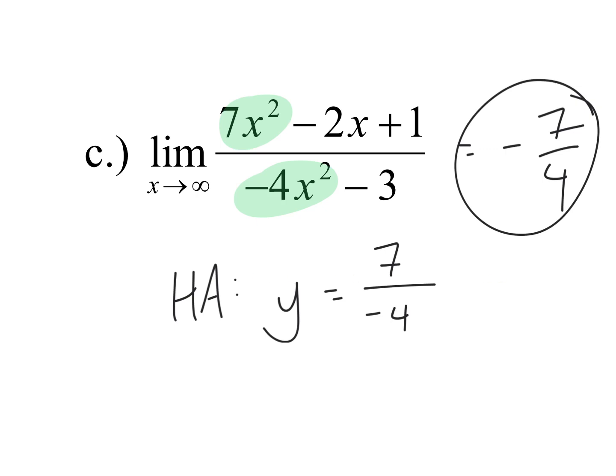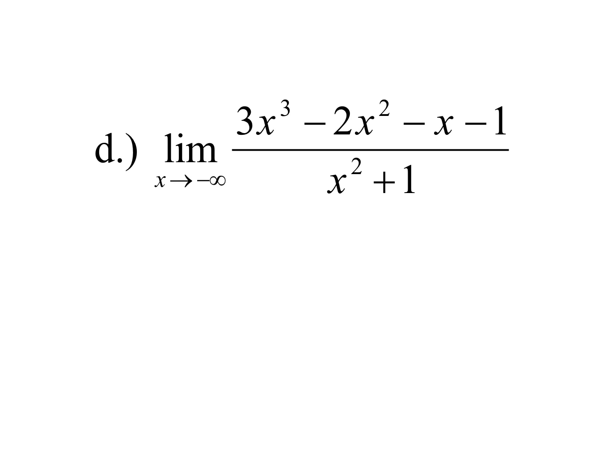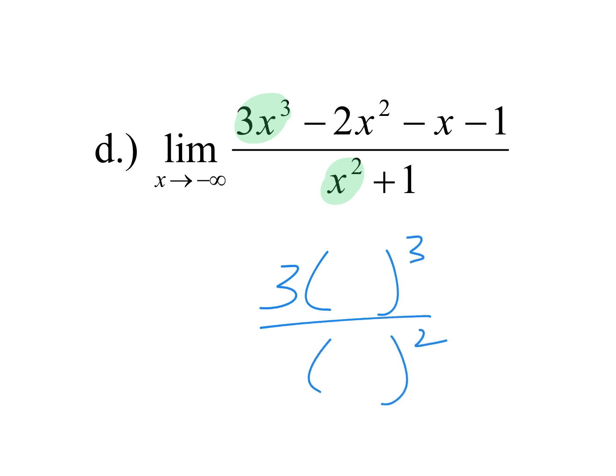Let's try letter D. In this case, I have another one where the degree on the top is greater than the degree on the bottom. And so what I'm going to have to do is take those lead coefficients or lead terms. This is everything that I have highlighted in green. So this goes here and this goes here. And in this case, I'm plugging in a negative number because x is approaching negative infinity.